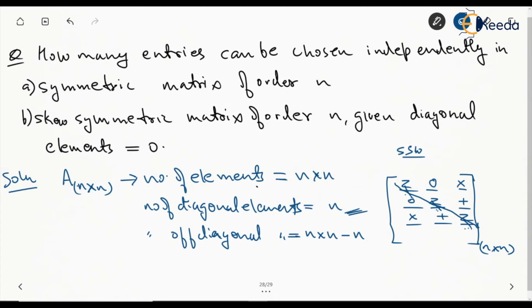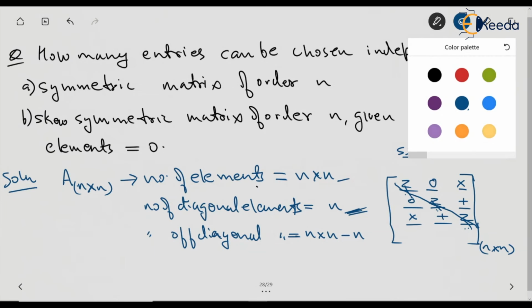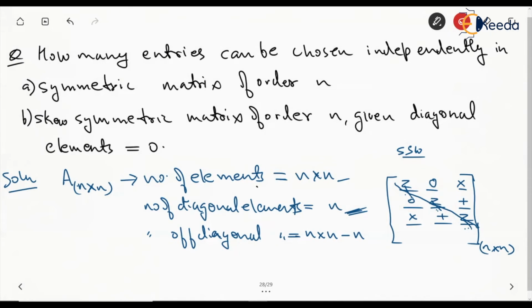So what is the leftover terms? It is n cross n minus n, that is the off diagonal elements. And when we are talking about skew symmetric, if one is x, the next one is minus x. When one is plus, the next one is going to be minus, right? That means we have to choose only one half of the off diagonal elements, and we don't have to choose diagonal elements in this case.